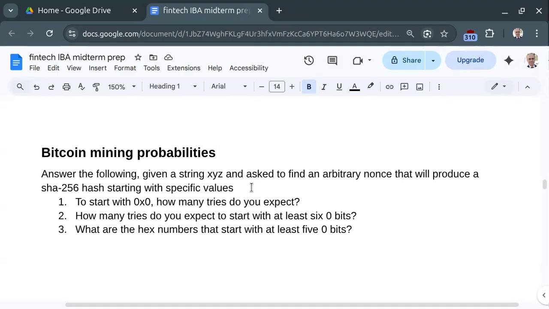So, in order to do that, they need to be able to keep on trying new values, new inputs. But remember, the input that goes inside the hash is kind of given. It's basically the various transactions that need to go into the hash. And all Bitcoin miners will more or less utilize the same set of transactions.